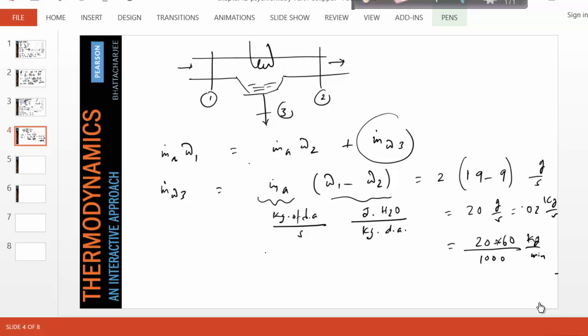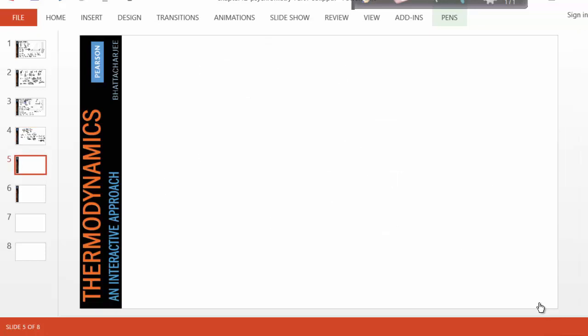How about the energy balance equation? Again, the energy balance equation, keep this diagram in your mind, and I'm just writing the energy equation from the fundamental concepts of how the energy is transported. At state 1, this is H1 times m dot A, the energy that is carried by the flow of moist air, and then moist air exiting will carry out this much amount of energy.